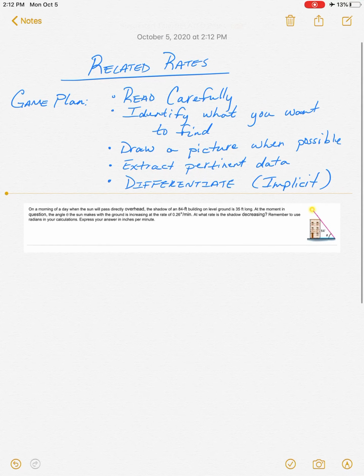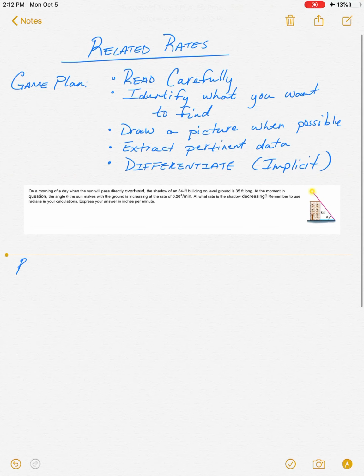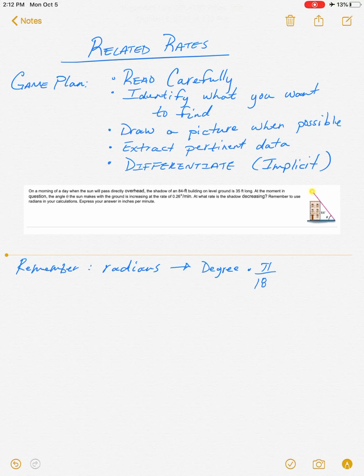It says remember radians, but it gives us all this stuff in degrees, so we have to convert degrees to radians. So we're going to take the given degree times pi over 180 to get that conversion.